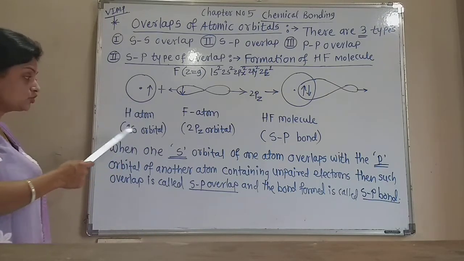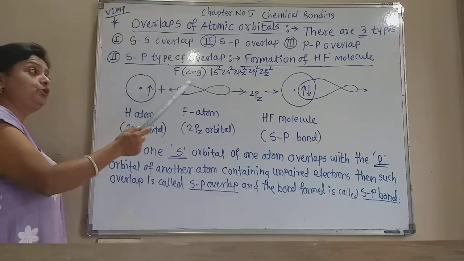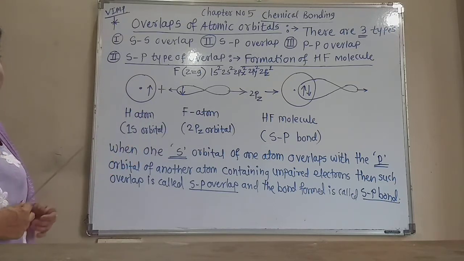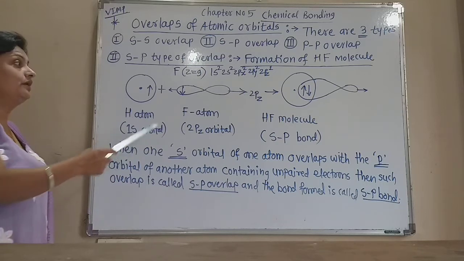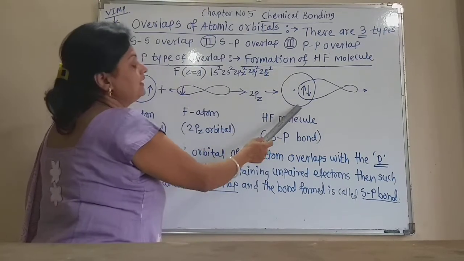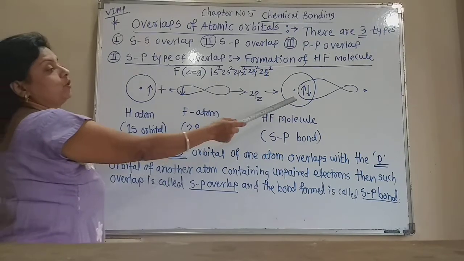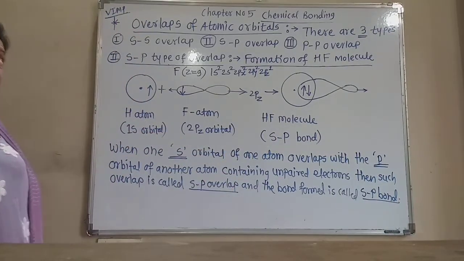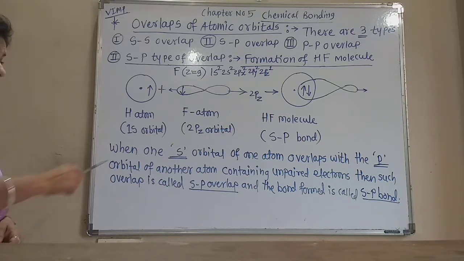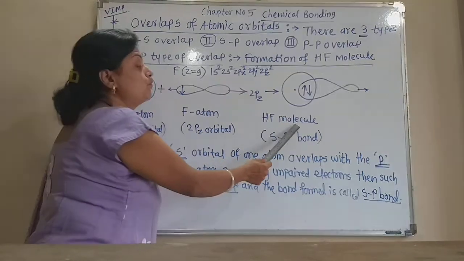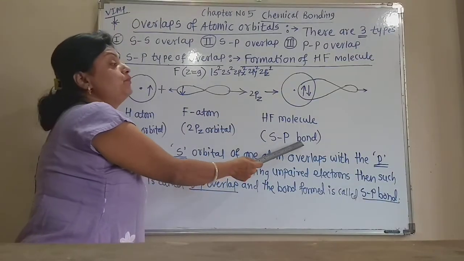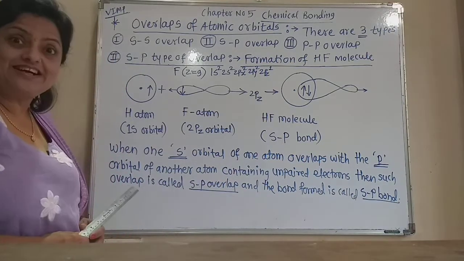Now if the s orbital of hydrogen and 2pz orbital of the fluorine overlap with each other, then there is the sp type of overlap. When they overlap and their electrons get paired, there is bond formation between the H and F atoms and they form the HF molecule, and such type of bond is called the sp bond, and that overlap is called the sp overlap.